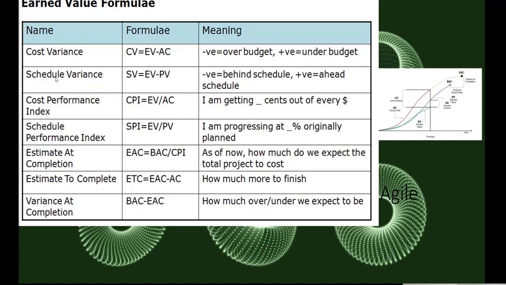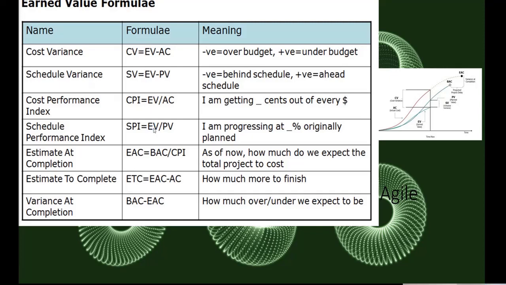Similarly, schedule variance is EV minus PV. And again, same. If this is minus, then behind schedule, and if this is plus, then ahead of schedule. So you see that in all of the variances, EV is in the first line, right?